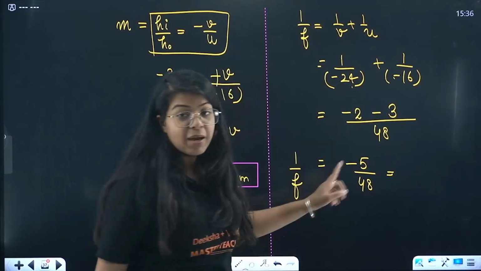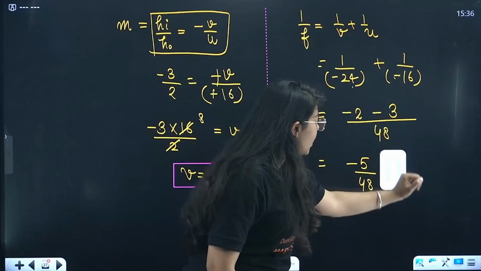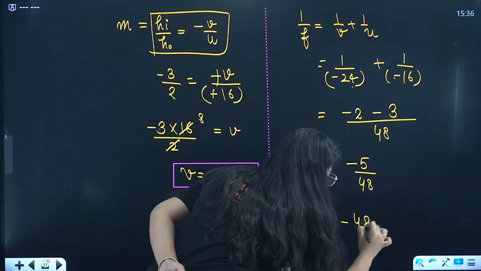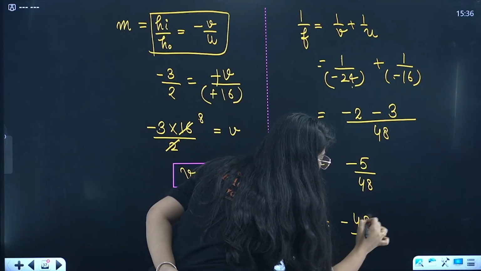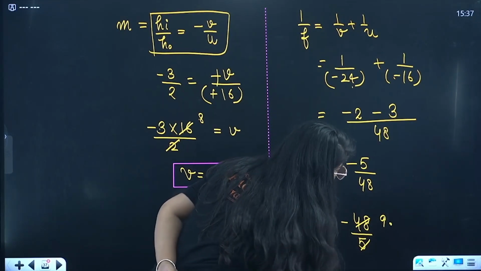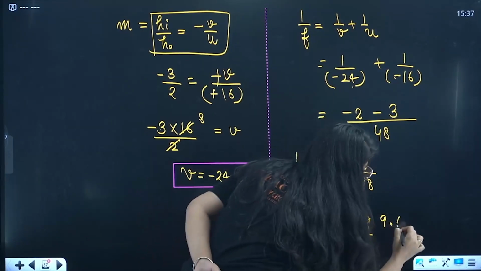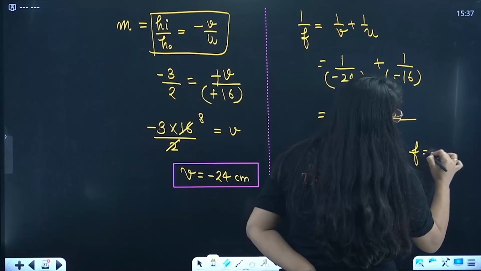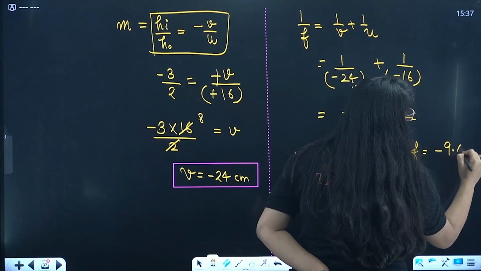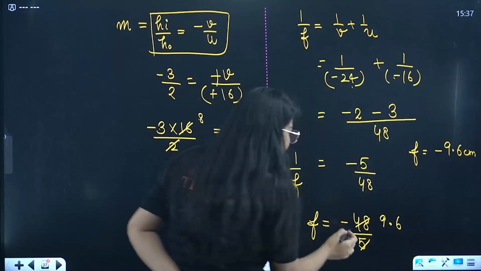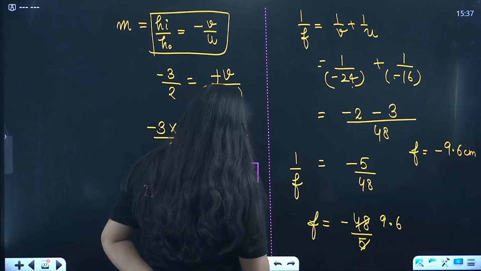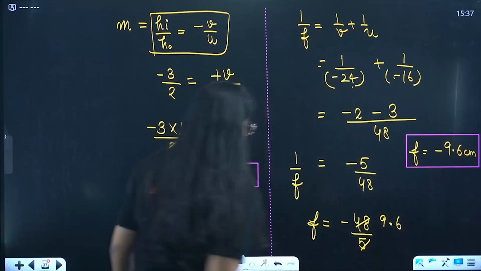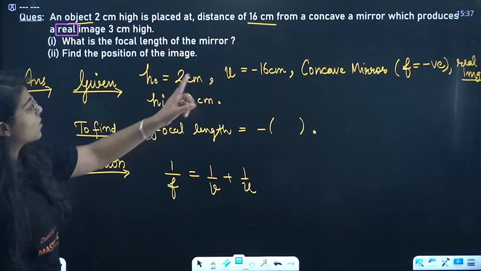1 by focal length. You have to invert it to get the focal length. That will be minus 48 divided by 5, which is simply 9.6. So your focal length comes out to be minus 9.6 centimeters. And you see a minus sign comes, and hence our calculation is correct, because we know that in the question it's a concave mirror.